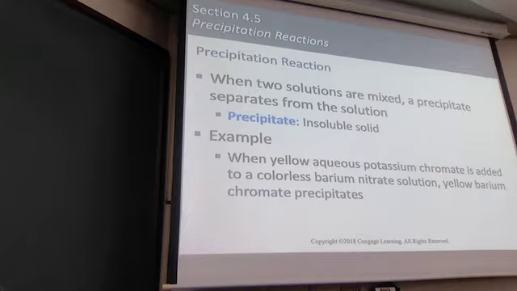We could also, for example, take two solutions, and then sometimes the precipitate can form from that. So you could imagine you have a solution of a cation A and anion B, and you have another solution which is a cation C and anion D. And this solution is well dissolvable.